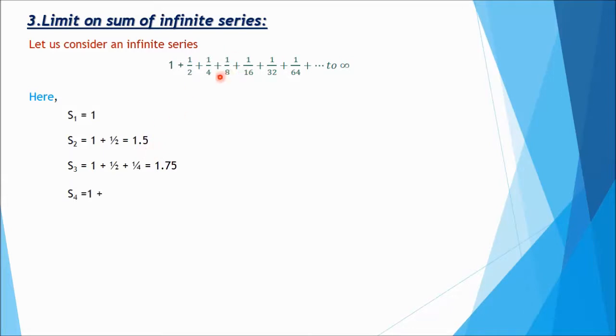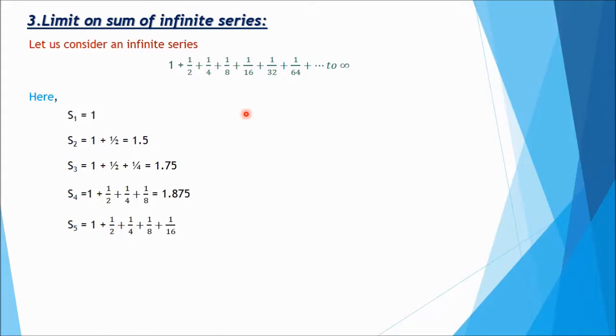Four terms means we need to include 1/8 also, and the sum S4 is 1.875. S5 means we take five terms, up to 1/16.